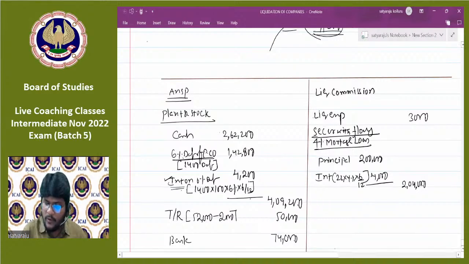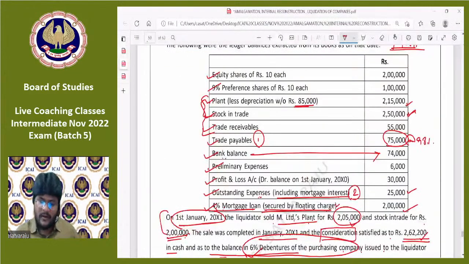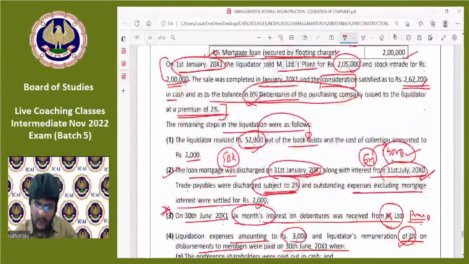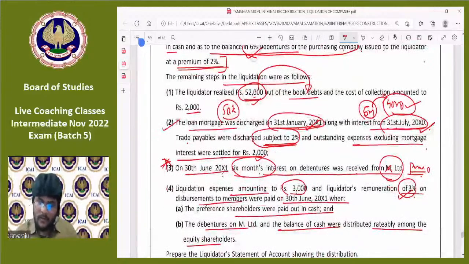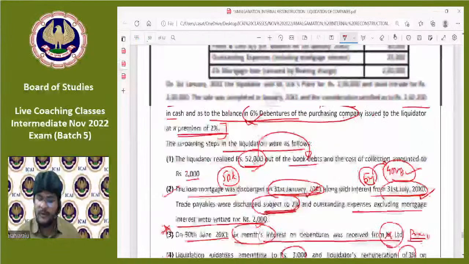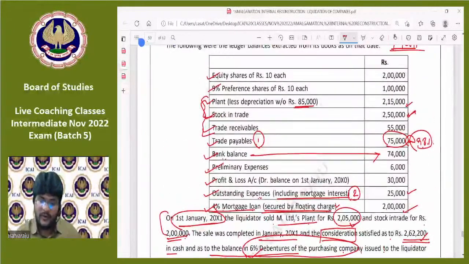This is about unsecured creditors. 2 unsecured creditors are there. One is trade payable, guys. So trade payables, how much are we paying? 98%. That point was given in point number 2. Trade payables discharged subject to 2%. So 98% means how much, guys?